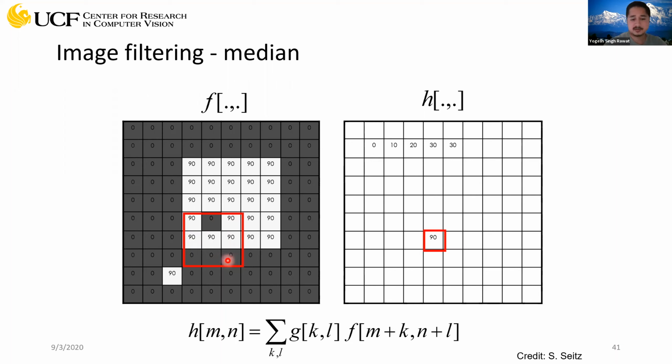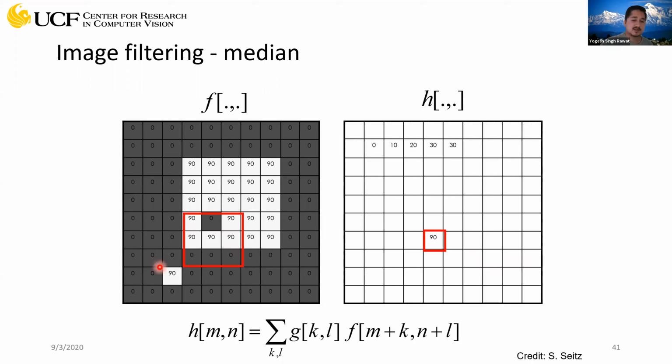So the probability of 0 being that noise is higher as compared to 90. So if we do median, we are also ignoring that noise, and that's why we just replace it with 90.